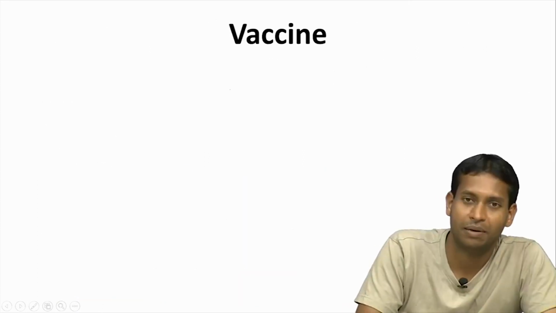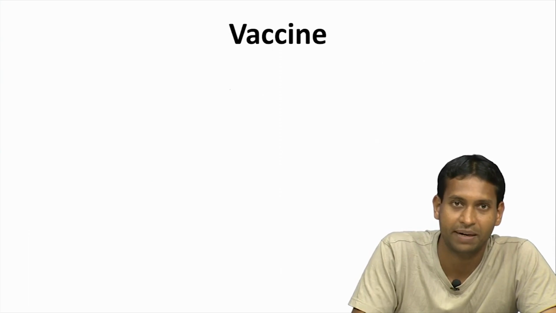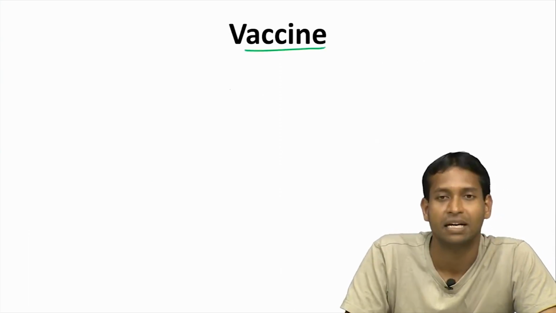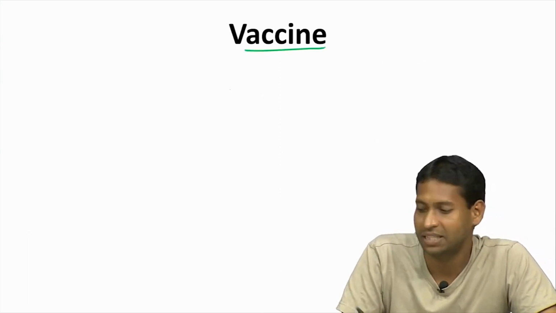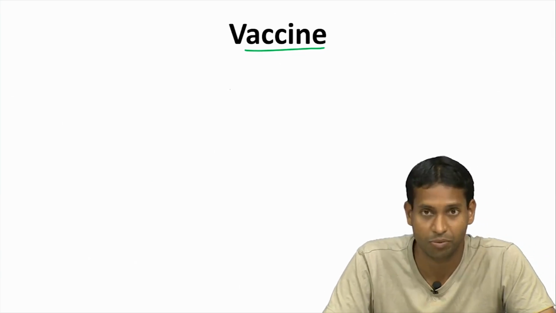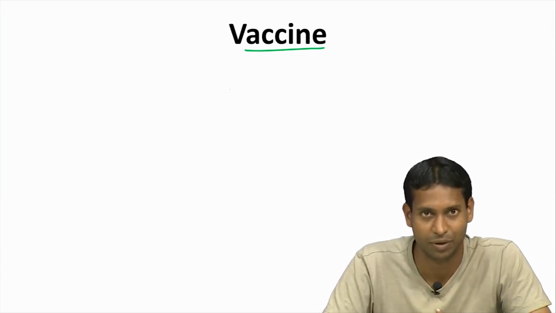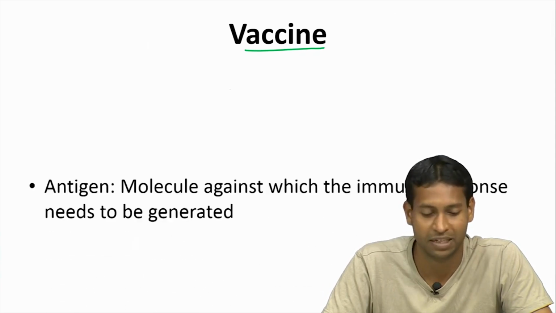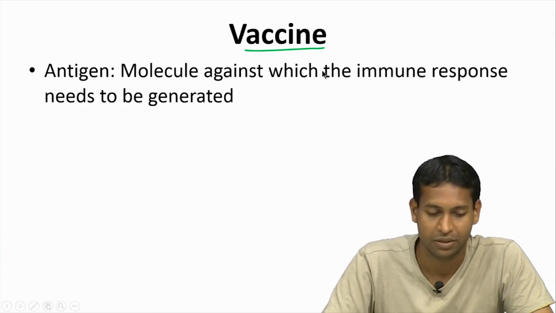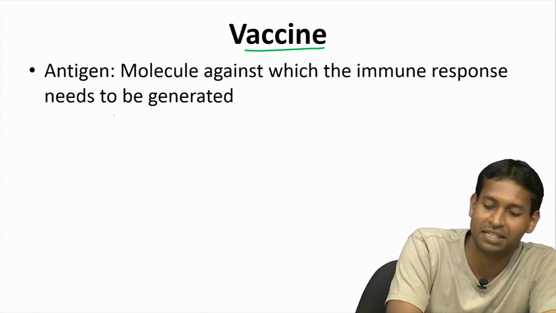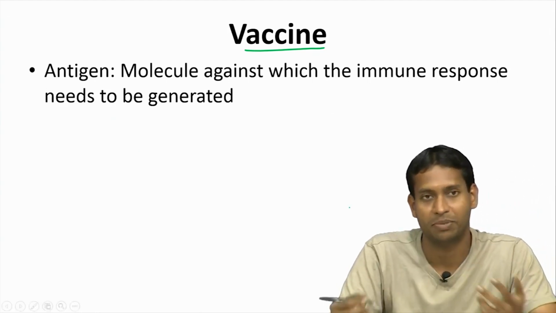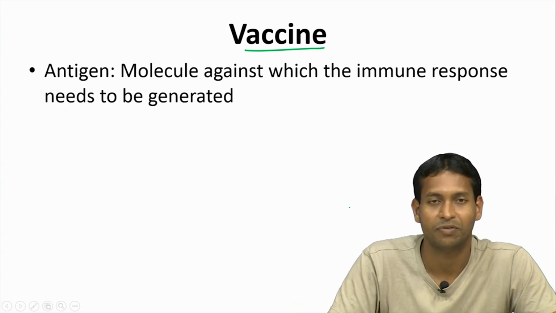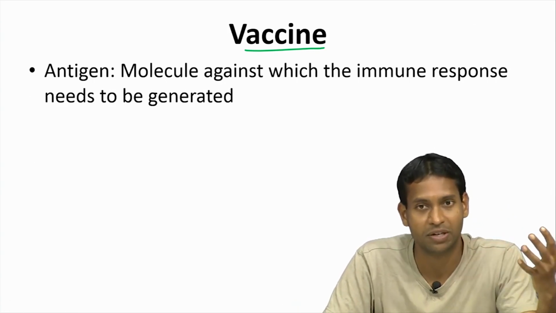Okay. So, the major application of adaptive immune response comes in vaccines, and let us look at what vaccines are. I am sure most of you are familiar with what vaccines are, but let us do a quick recap. I have already defined this, but an antigen is a molecule against which an immune response needs to be generated. When we are talking about vaccines, we want an immune response to generate, right?